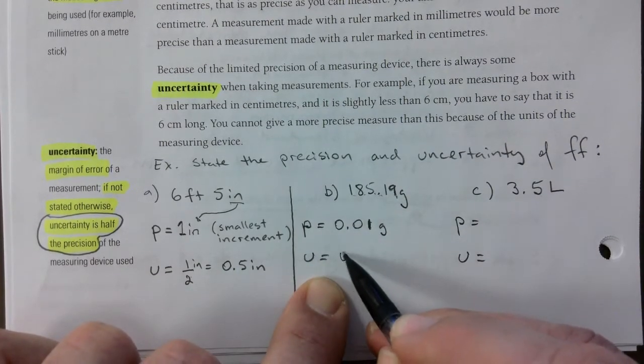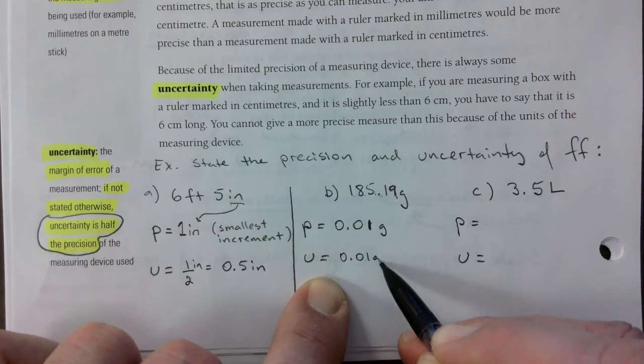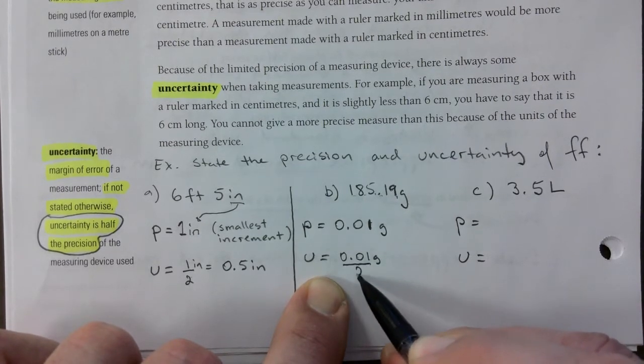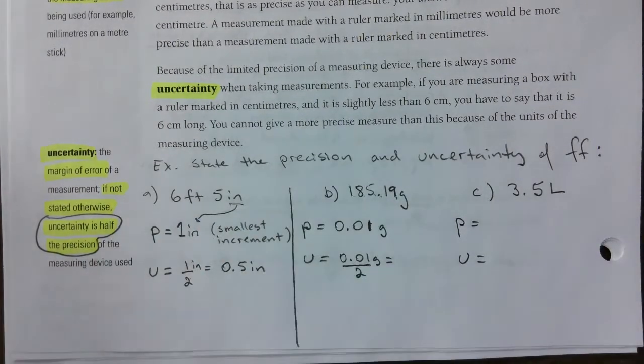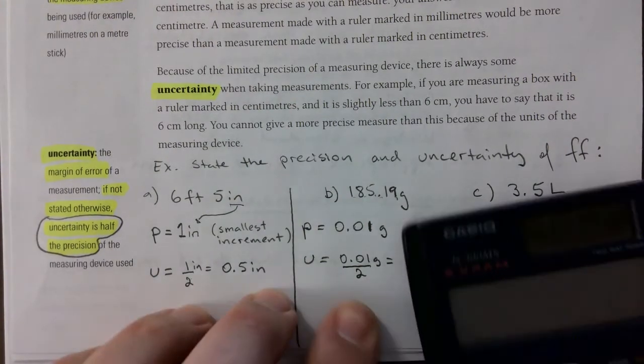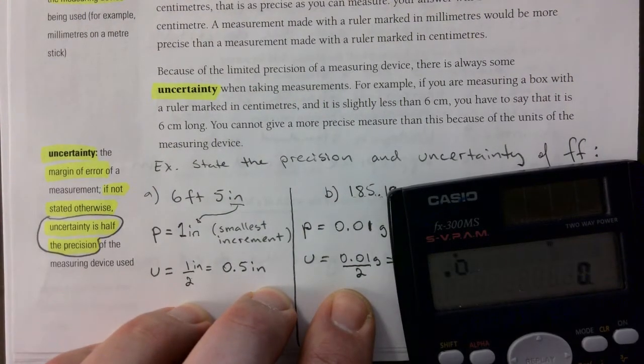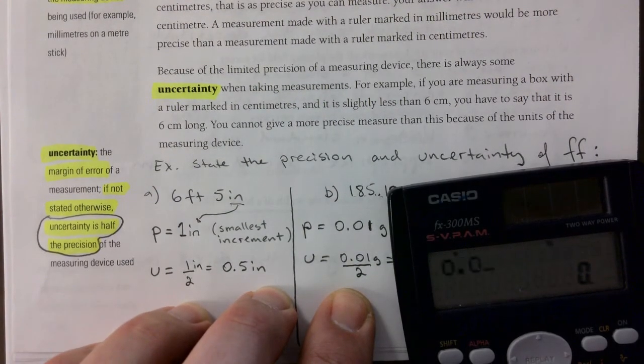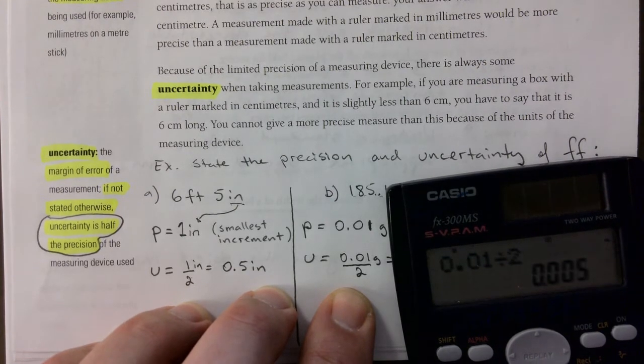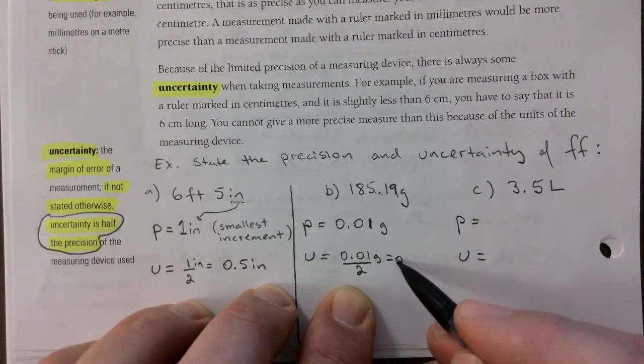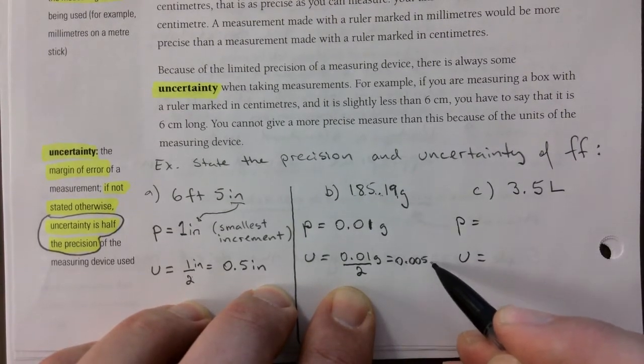The uncertainty is 0.01 of a gram divided by 2. And you will notice a pattern. Watch. 0.01 divided by 2 is going to be 0.005. Right, so 0.005 of a gram.